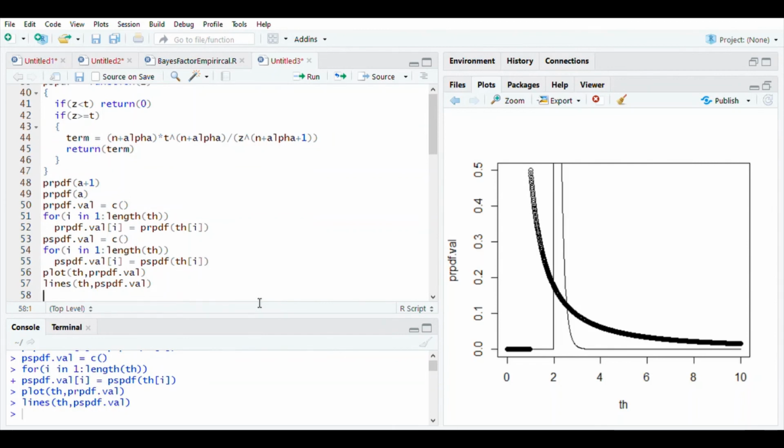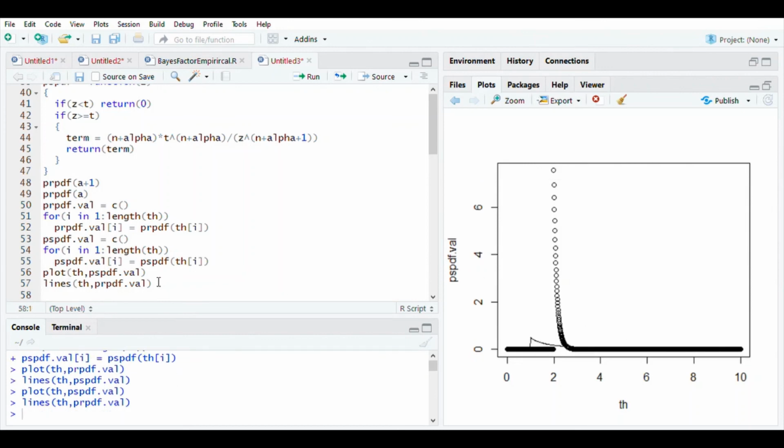So see, first we should plot the posterior and then plot the prior so that we get a better picture. Now you will notice the difference. Totally flat. So the prior PDF is very small compared to the posterior PDF. That's why it is looking as if it is 0, but it is not 0.